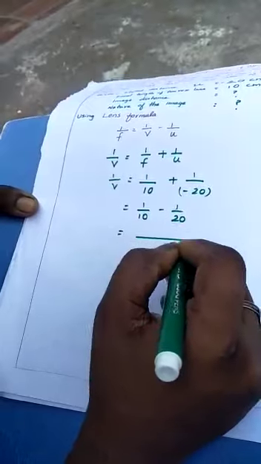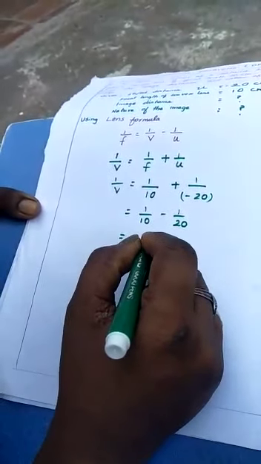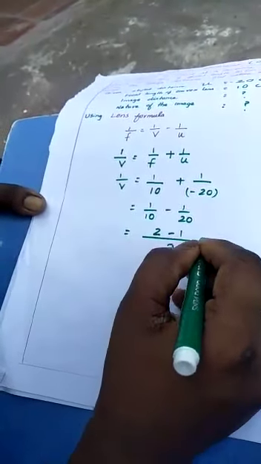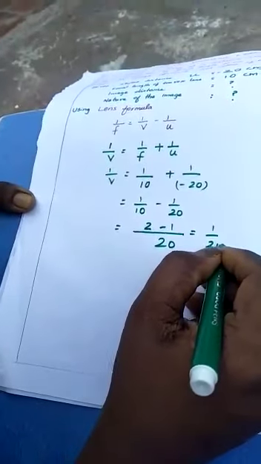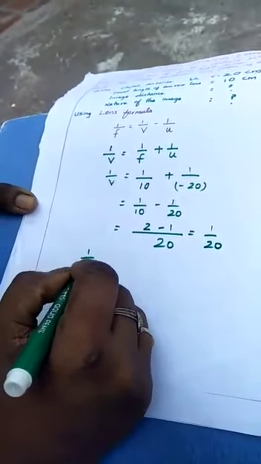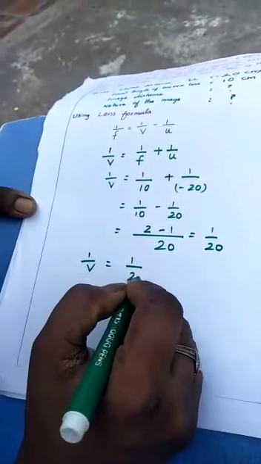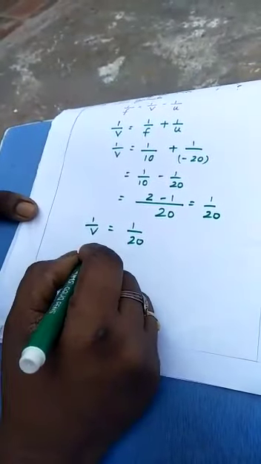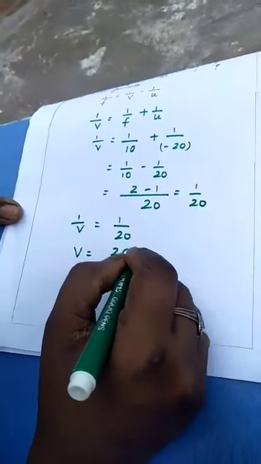Take LCM 20, so 2 minus 1 becomes 1 by 20. So 1 by v equals 1 by 20. Therefore v equals 20 centimeter.